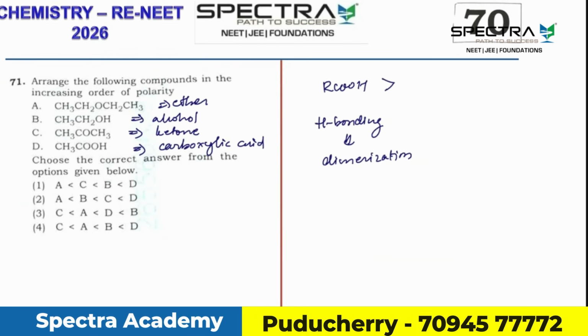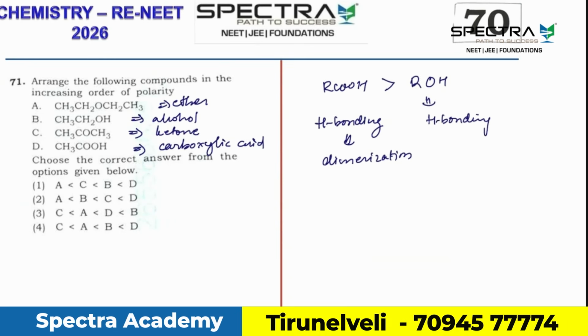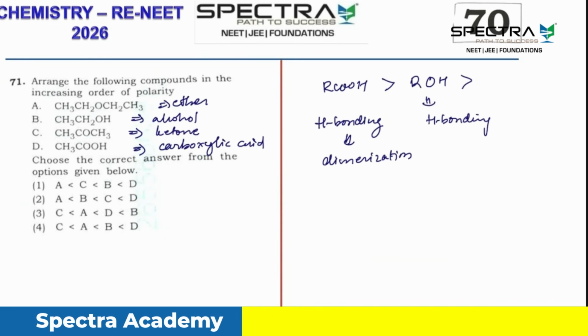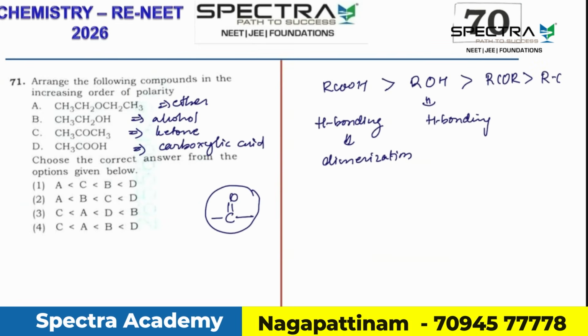Now the next will be alcohol because in alcohols also intermolecular hydrogen bonding is possible. Then when we compare ether and ketone, in ketone, due to the presence of the carbonyl bond, it is more polar than ether. So ketones are more polar than ether.